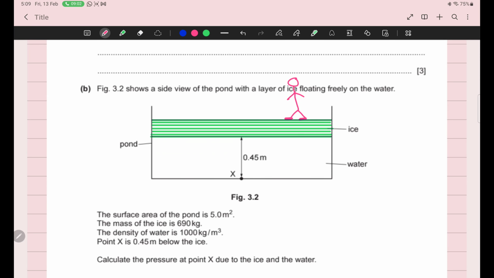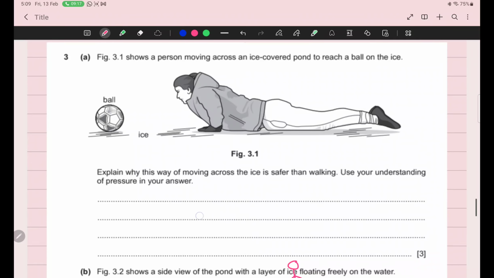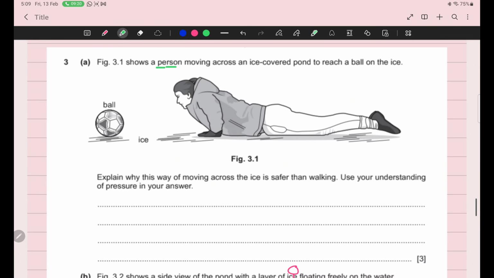Obviously, if the ice layer breaks, the person will sink into the water. So he is afraid of this breaking of ice. What should he do? The solution is, if the person lays down on the ice layer, it will reduce pressure exerted on the ice layer, and the ice layer will not break.